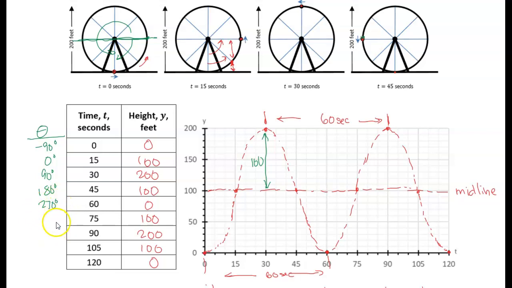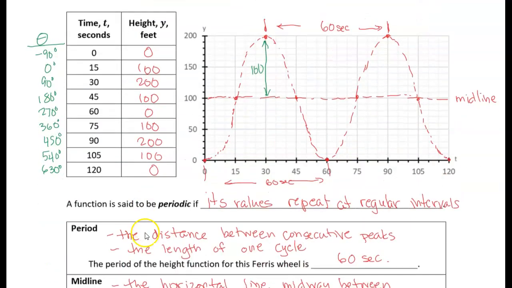So we're just adding 90 degrees every 15 seconds. So we have 360, 450, 540, and then finally 630. And if we kept going around, we'd be at 720 and so on. All right, so that takes care of that example.